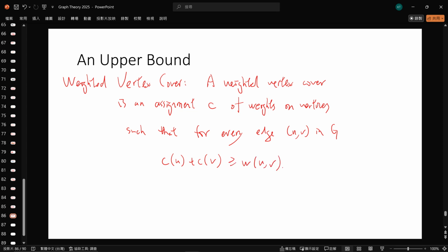Again, in this weighted vertex cover problem, you want to cover edges. But now, since edges have weights, you want to assign sufficiently large weights to the two endpoints of the edge so that the total weight is greater than or equal to the edge weight.